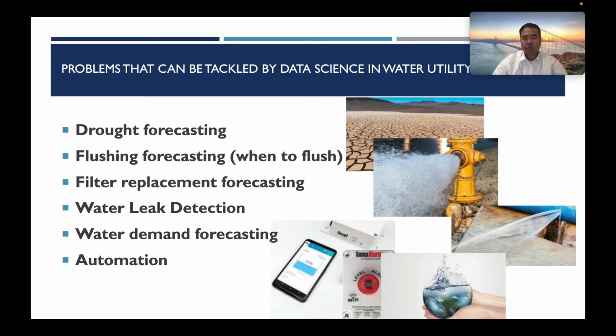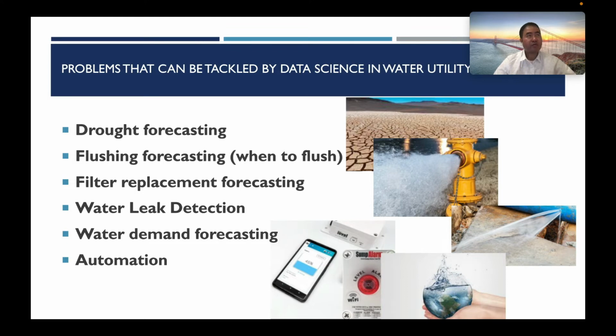And flushing forecasting. In certain areas, the water industry does flushing. Flushing means we make the water pressure very high in the pipe, and then we clean up the dust or the clog in the pipeline, the dirty stuff, push it with the high-pressure water and get rid of it.